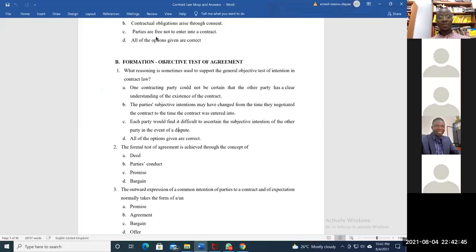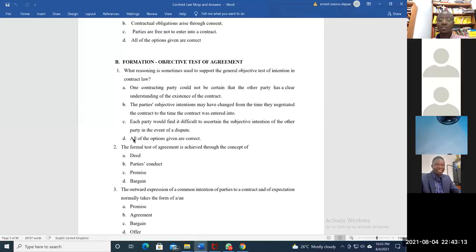Good evening, Doc. So I will go with C because I think subjectively, it will be very difficult for me to tell your reason or your intent of entering into the contract. But the reason for the objective test will be what the reasonable man or the ordinary man somewhere standing will construe per the terms, per the agreement, per the conduct of both parties.